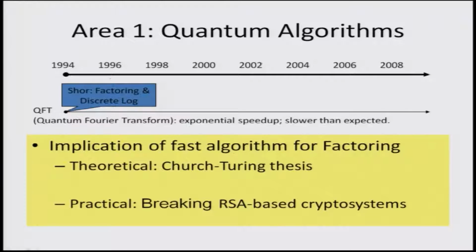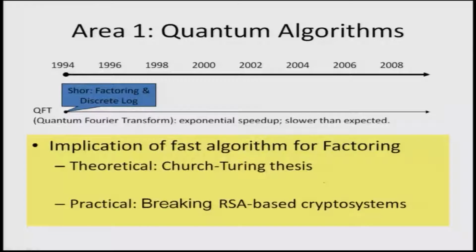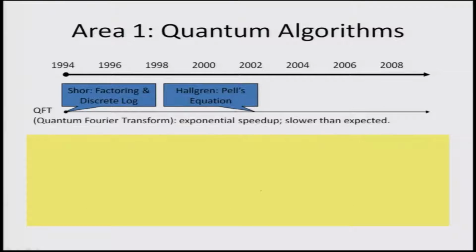The implication of the fast algorithms for factoring has an impact on the Church-Turing thesis in terms of theoretical aspects, and it also has the most important practical implementation in terms of breaking crypto system codes, because RSA, the popular cryptography system, is based on the idea of having a large prime number that cannot be factorized that easily. So that is the point where the practicality of this became a very important point.